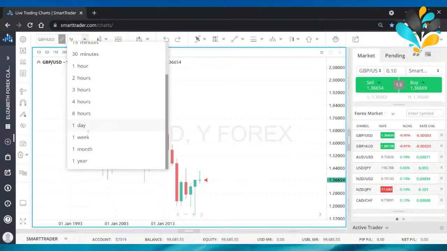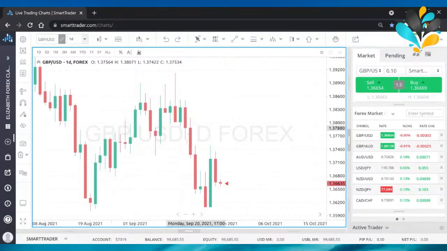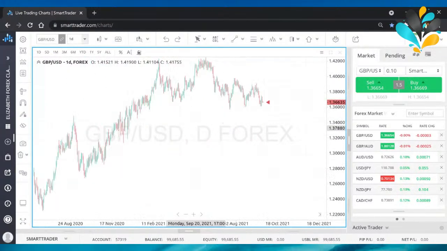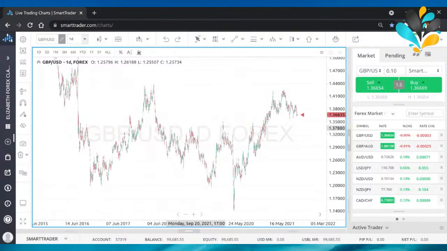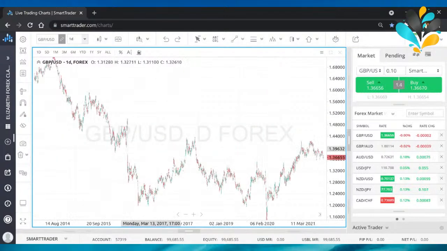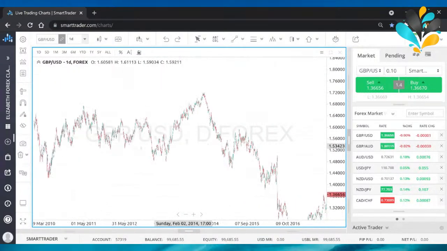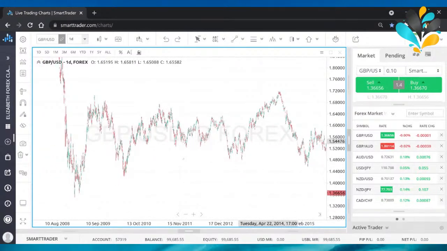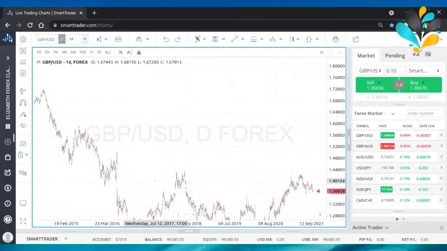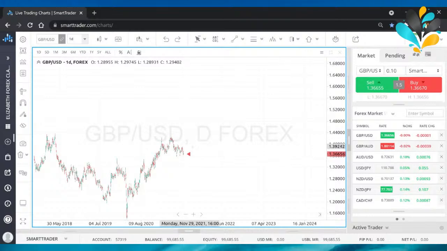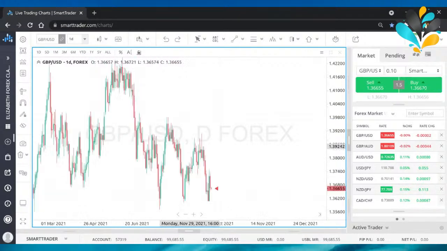So if we go to the daily chart, you're definitely going to see more candles than was in the year. All of these are Japanese candlesticks, and each Japanese candlestick represents 1 day from 1993 to now.